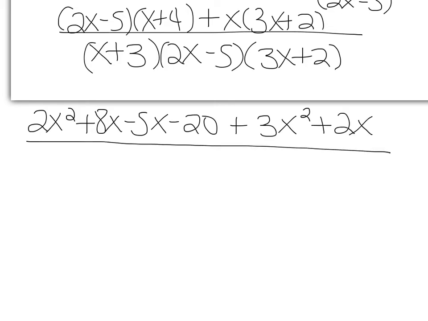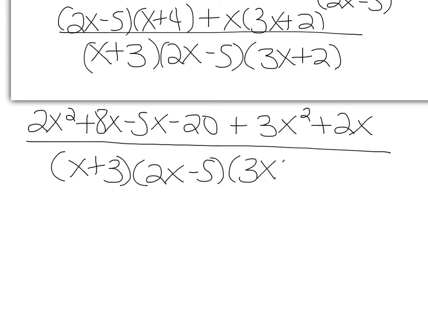And this is all over x plus 3 times 2x minus 5 times 3x plus 2. So let's see what we have in common in this numerator. 2x squared plus 3x squared is 5x squared. I'm going to cross those out so I don't get confused. 8x minus 5x plus 2x. So 8x minus 5x is 3x plus 2x is 5x.